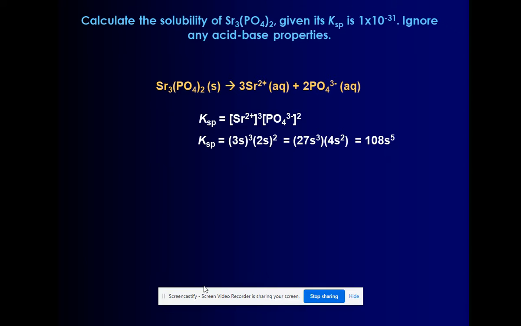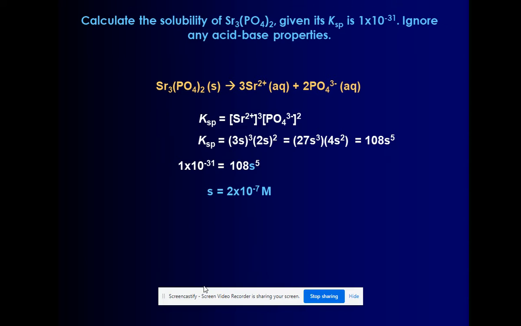When I math it through, make sure you cube both the 3 and the s and that you square both the 2 and the s. I get that the Ksp expression in terms of s is 108 s to the fifth. I know the value of Ksp, it was given to me, 1 times 10 to the negative 31st. So if I mathematically solve for s, I can get the solubility of strontium phosphate, 2 times 10 to the negative 7th.